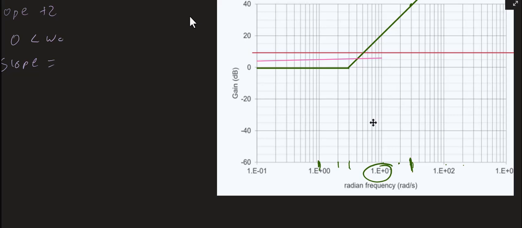And then after that, it'll have a slope of negative 40. So I'll go to the same place in the next decade and then down 40. That wasn't 0. I don't know why I put it there. This is 0.